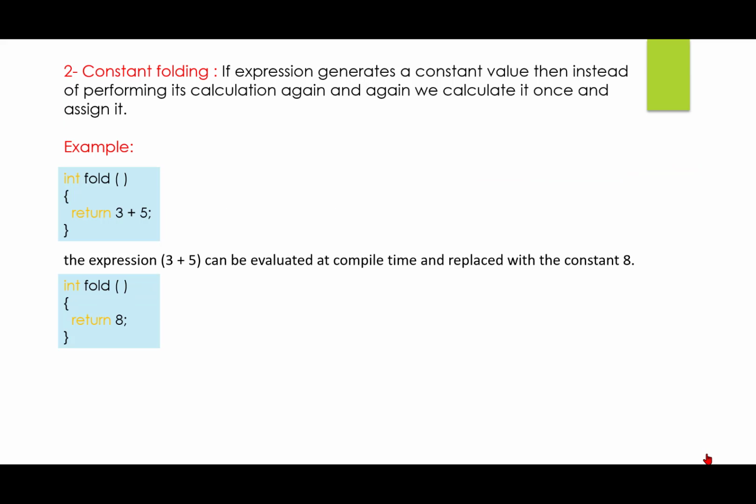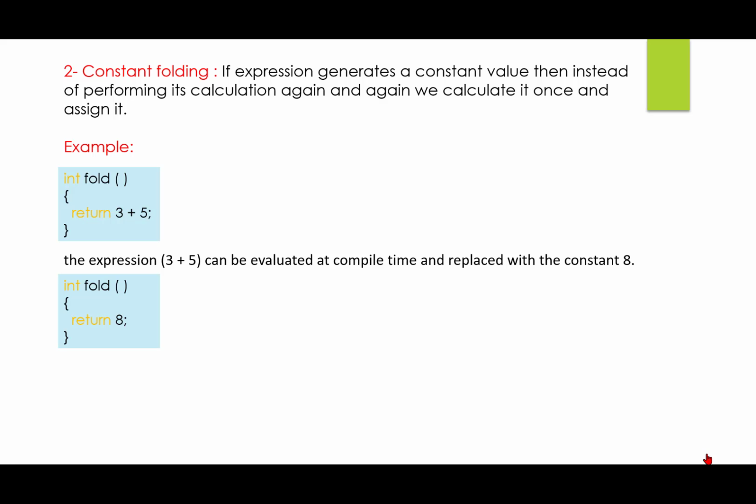Number 2, constant folding. If an expression generates a constant value, instead of performing its calculation again and again, we calculate it once and assign it.